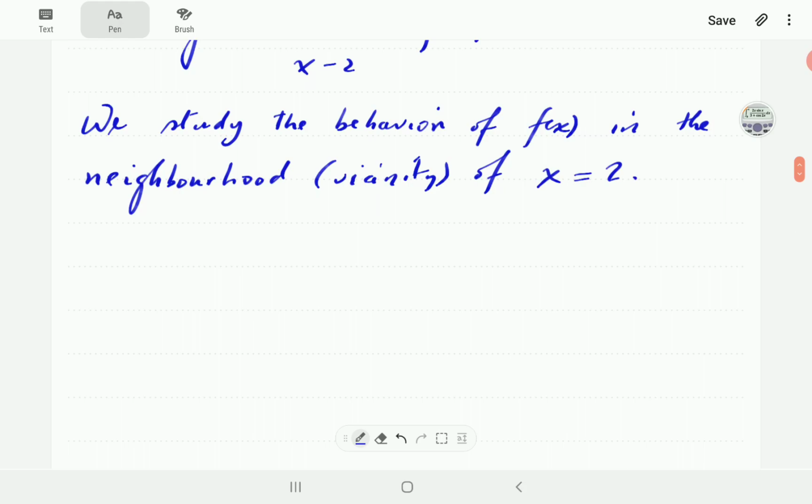In particular, we're going to be asking the question, what happens to f of x as x gets closer and closer to 2? So first, let's see what happens as x approaches 2 from the left.